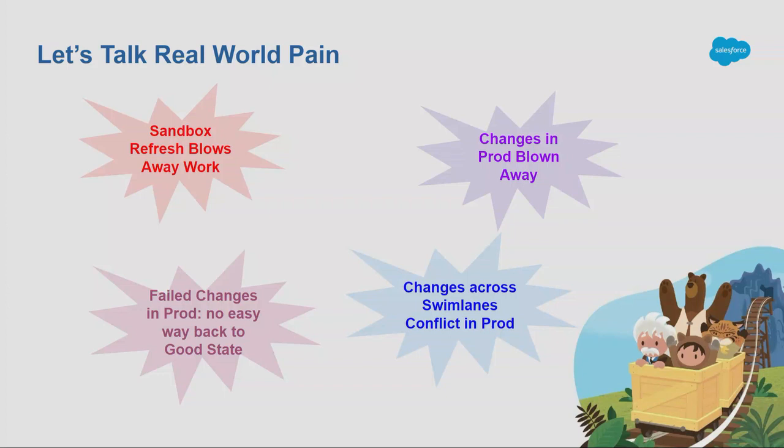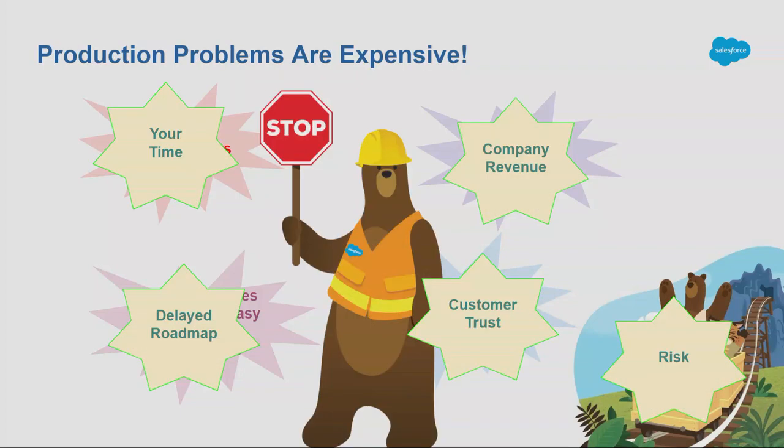So now you've got code in production that is not working as you're hoping it would. And maybe you're in a really complex org, with a lot of swim lanes, a lot of changes. It's hard to know how you roll back to get to a good state. And even if you know how to get there, that rollback could take time. Meanwhile, you're dealing with a lot of this pain, right? Your customers are frustrated, your business stakeholders are frustrated, maybe you're losing revenue.